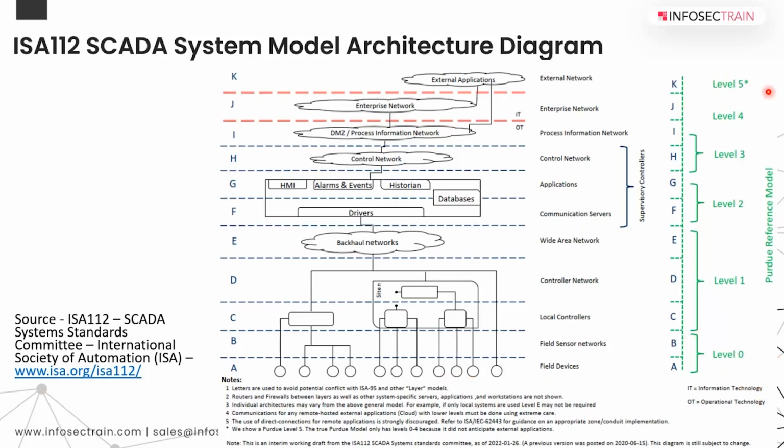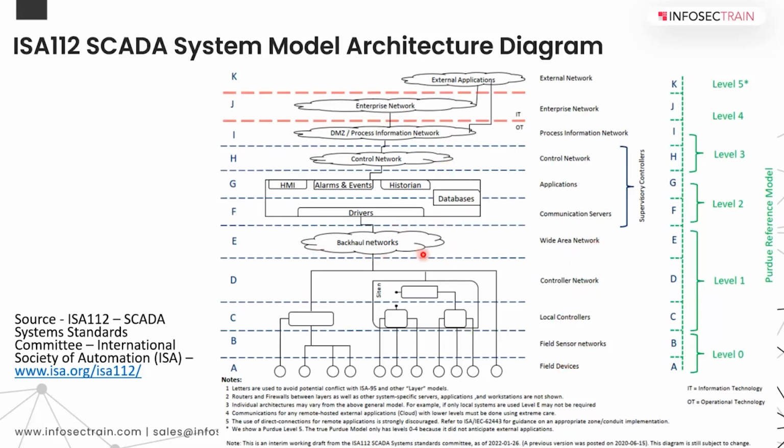This is purely for understanding, but at level 0 and level 1, you have different requirements. This SCADA model will differ from the usual model that we follow for our control system, right? It's evident here because the need is different. You have field devices, sensor networks, local controllers, controller network. Then, because it being a SCADA, you have a wide area network.